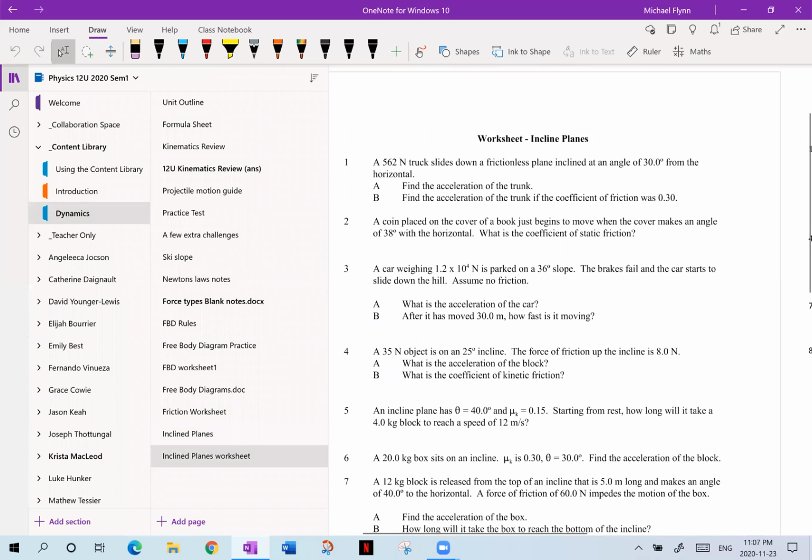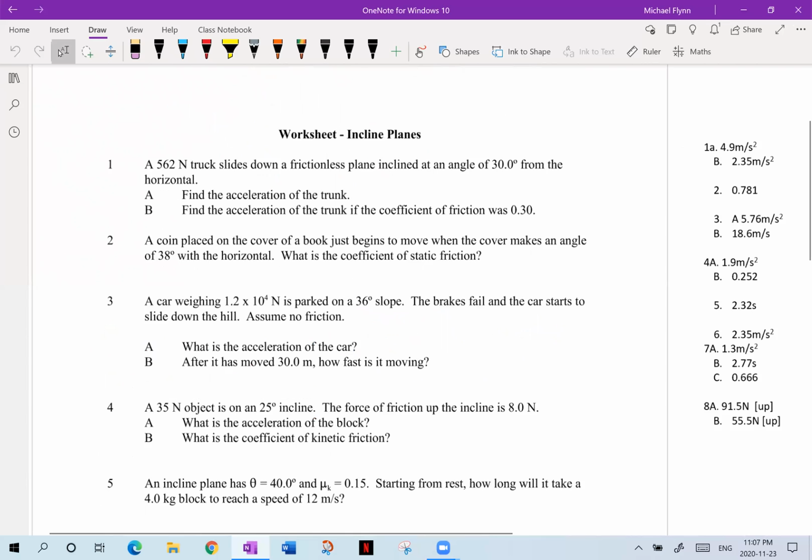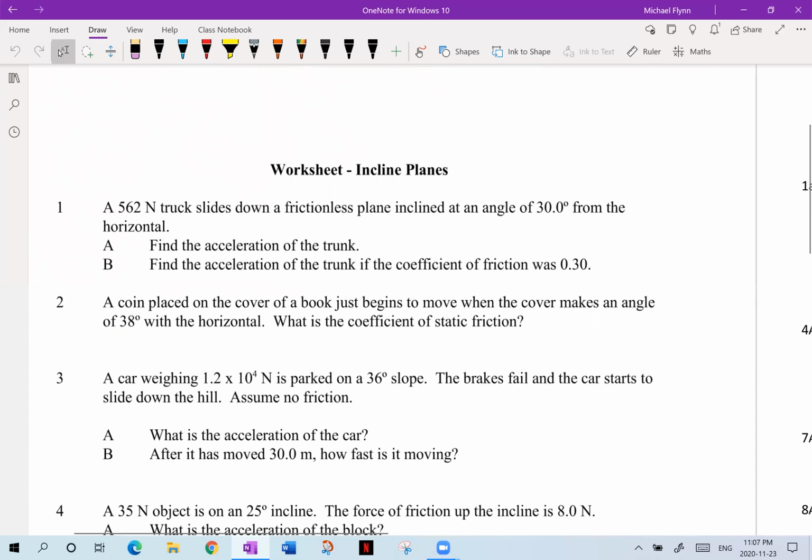When we go to look at the inclined plane worksheet, I just want to point out a couple of things. Number one, when they say a truck is 562 newtons, what they mean is that's the force of gravity on the truck. In other words, that is equal to mg.